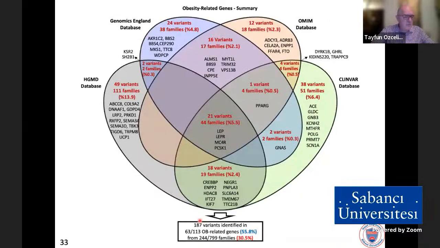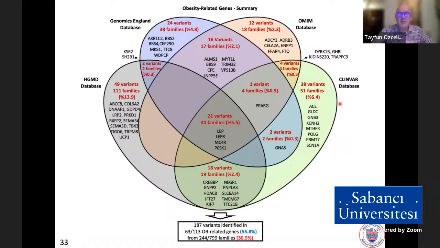As a summary slide of the obesity-related genes, this is another Venn diagram, and we have 21 variants in 44 families. This is about 5.5% of the highly penetrant OB genes, and the remaining 113 genes are distributed into different phenotypes.